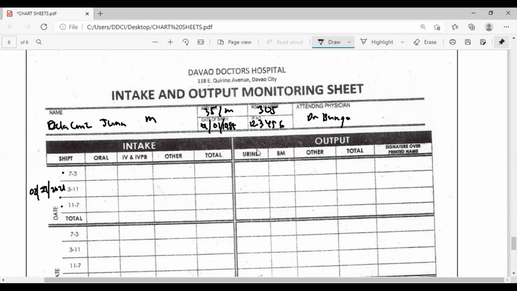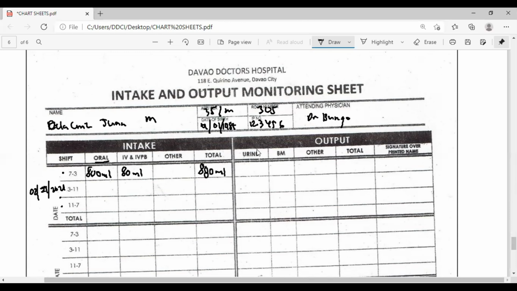For the oral, this includes anything that the patient drinks orally. Let's say the patient was able to drink within 8 hours around 800 ml of water or fluids. Then the IVF, since we are on KBO rate, let's say the patient had 80 ml of IV fluid. You total that, so we have around 880 ml for the intake.